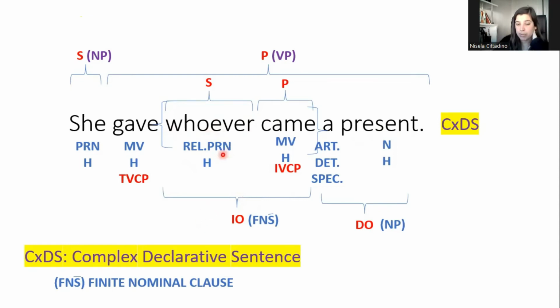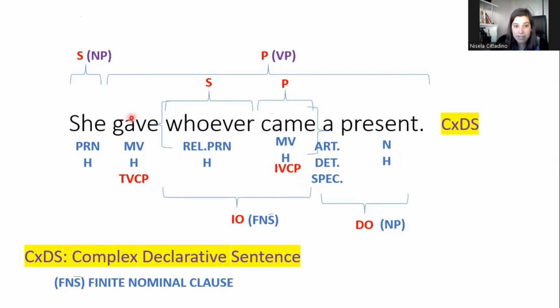Whoever is a relative pronoun and the head, and it's the subject of this clause, and came is the main verb, the head of the clause, and it is an intransitive verb because there is no object after it. Inside the clause, I'm not talking about the overall sentence, you have to zoom in into the clause. So that's why it is an intransitive verb of complete predication. Whoever came, I don't need to say something else about that.